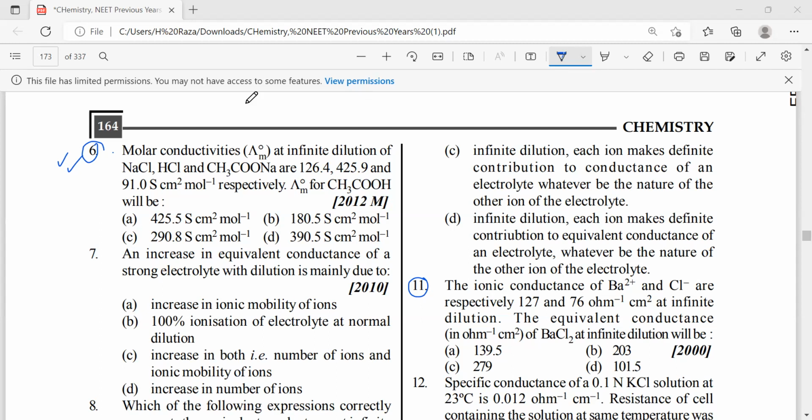Hamza, can you chat me in? Can you message me in the chat box? Which questions you haven't solved yet? Any questions? Did you solve the first question?